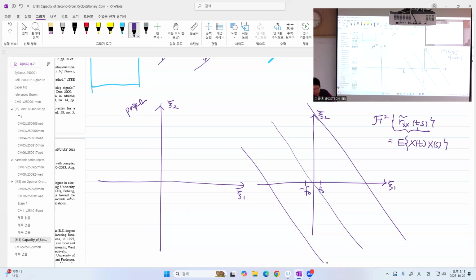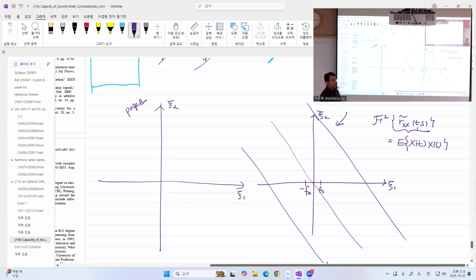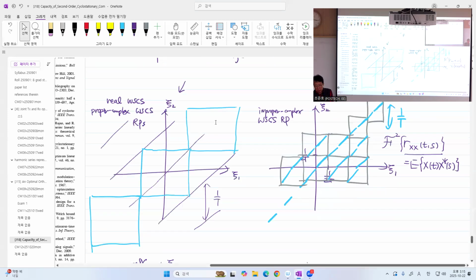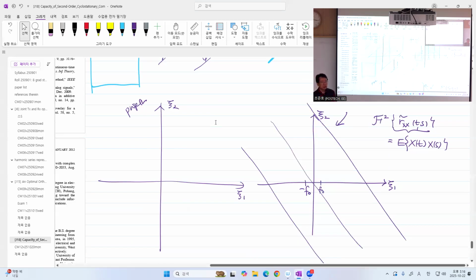Got it? So this is the shape of the complementary bispectrum of the improper complex random process. So you need two figures.